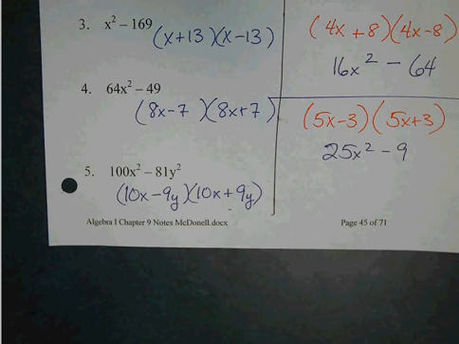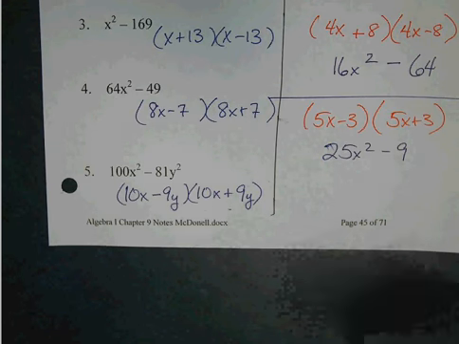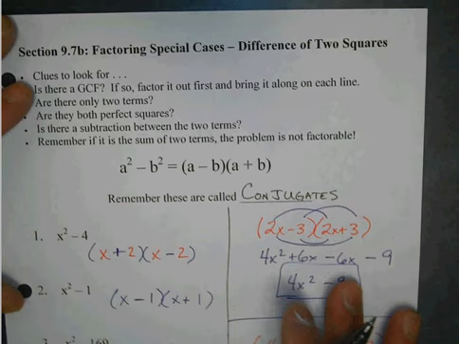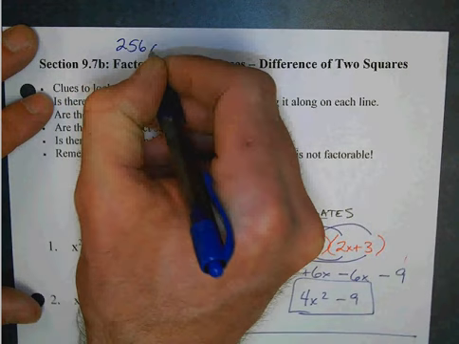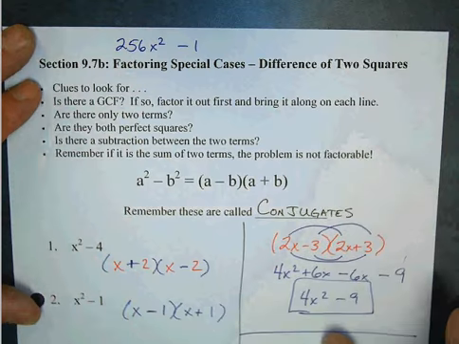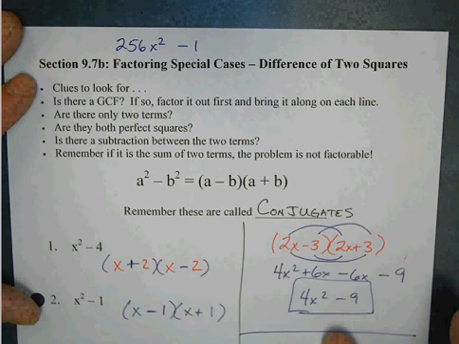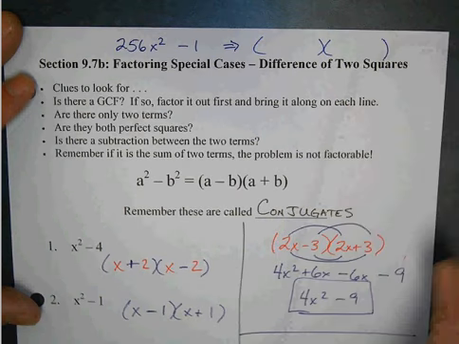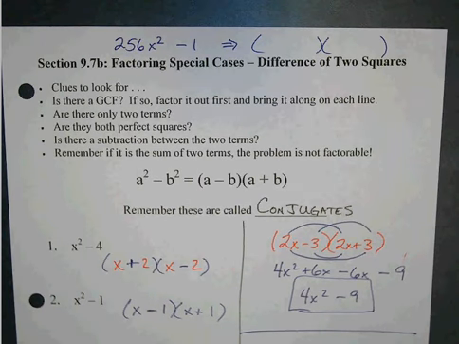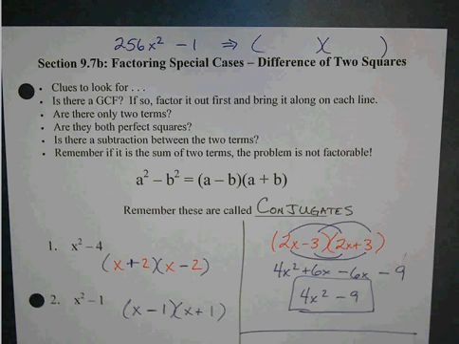All right, so I'm going to give you a big one. The challenge problem, all the way at the top. Factor. See what you can do. Here's the challenge: 256x squared minus 1.